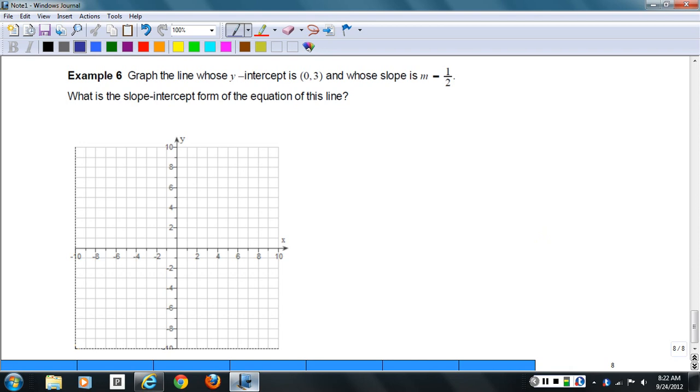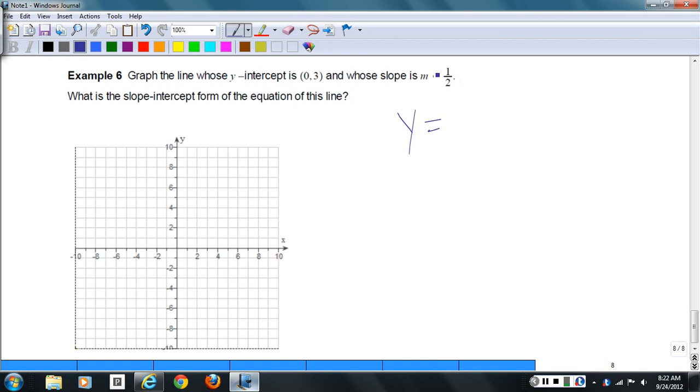So here, rather than using the given information, let's just imagine that we were given the equation, well, oops, I messed that up. What's the equation of this line? y equals what in slope-intercept form? So, yes, and I apologize for my equal sign here.